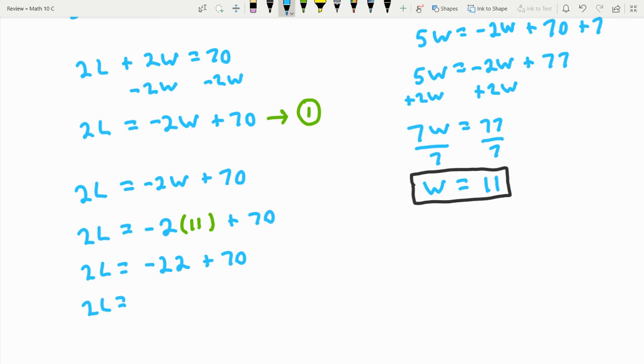Think about it for a bit. The answer should be 48. So now I have 2L equals 48. To isolate for L by itself, I would divide every term by 2. So I divide 2L by 2 and 48 by 2, and I should be getting L equals 48 divided by 2, which in this case would be 24.